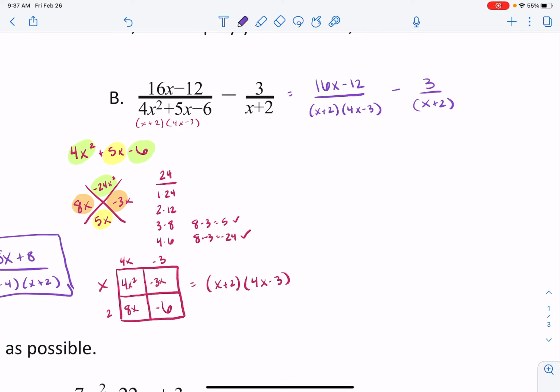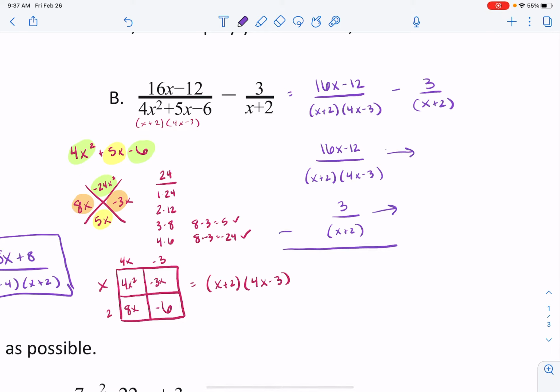So if I were to rewrite these, I could leave this one exactly the same.